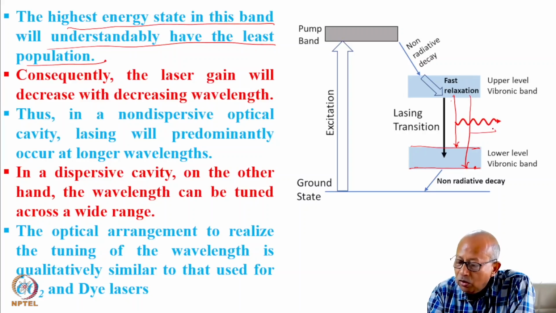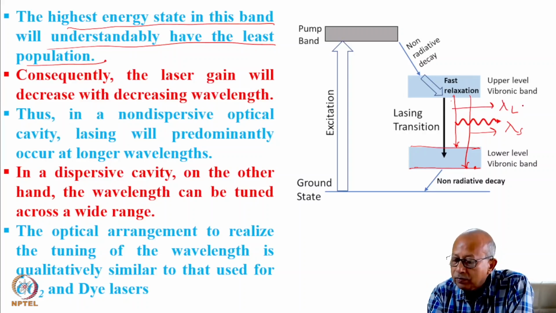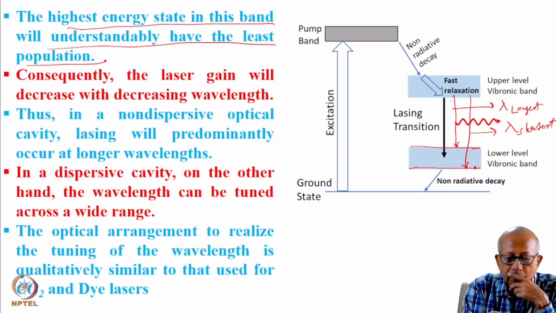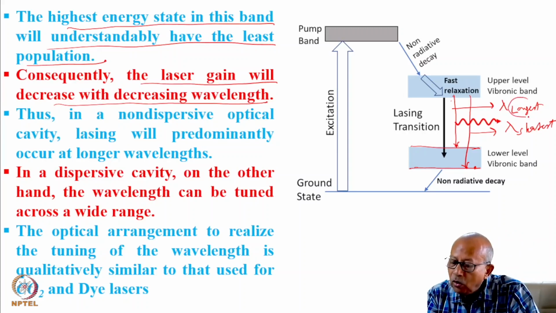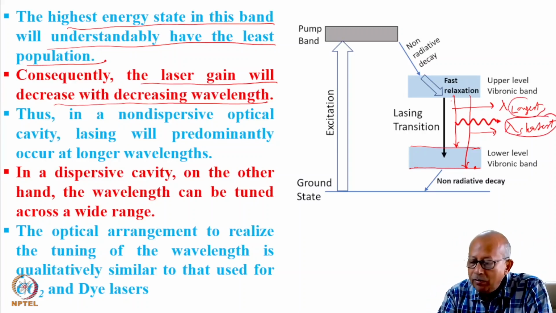Now this transition will give the shortest wavelength, and this will give the longest lambda. So the laser gain will decrease with decreasing wavelength. For the shortest wavelength, the gain will be minimum, because here the population inversion is minimum.